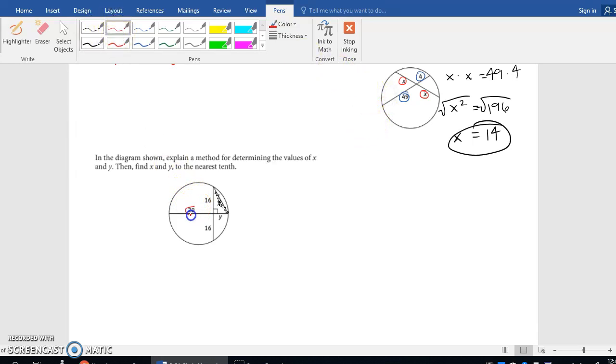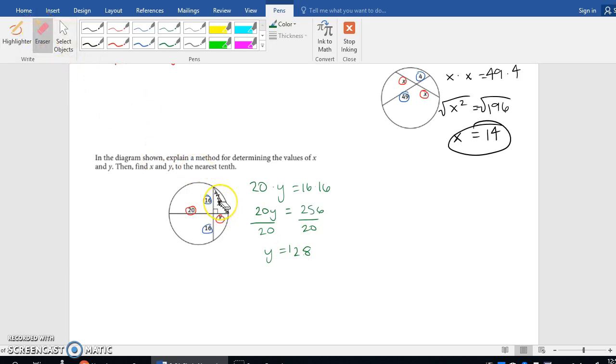And we'll just do 20 times y equals 16 times 16. 20 times y is just 20y. 16 times 16 is 256. Divide by 20, and y equals 12.8.